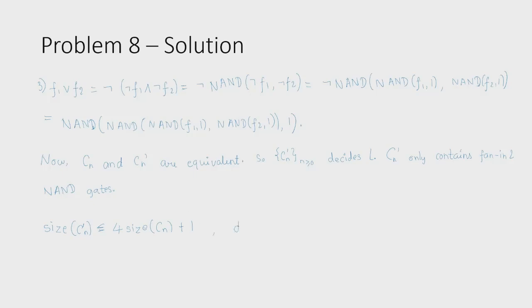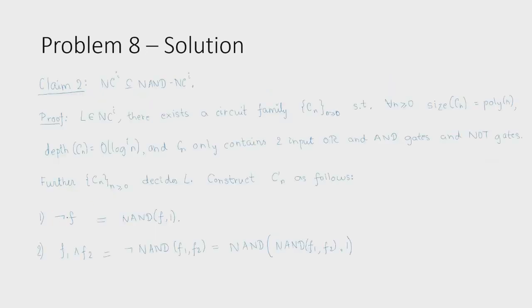And what is depth? To implement a NOT gate, we only needed one NAND gate, so a circuit with depth just 1. To implement an AND gate, we needed a circuit with depth 2 because we are using 2 NAND gates.